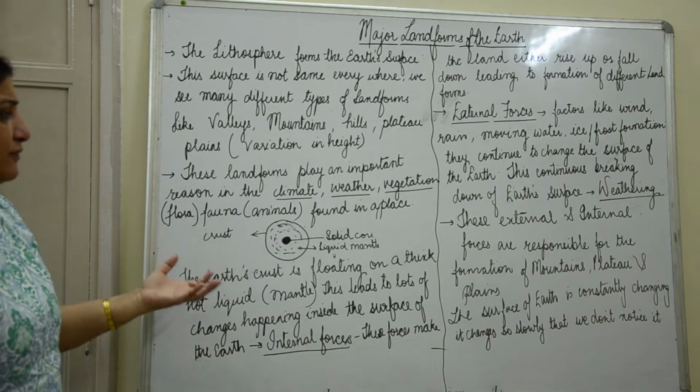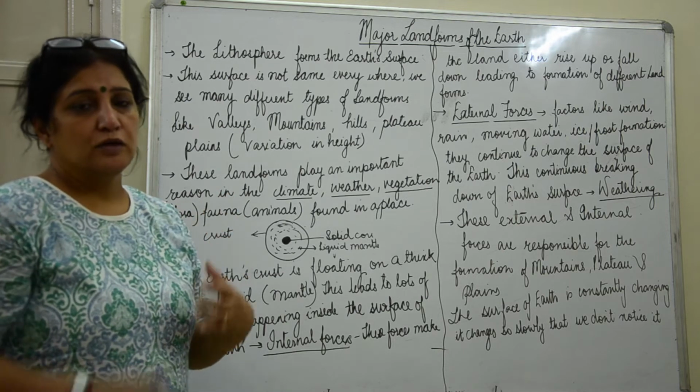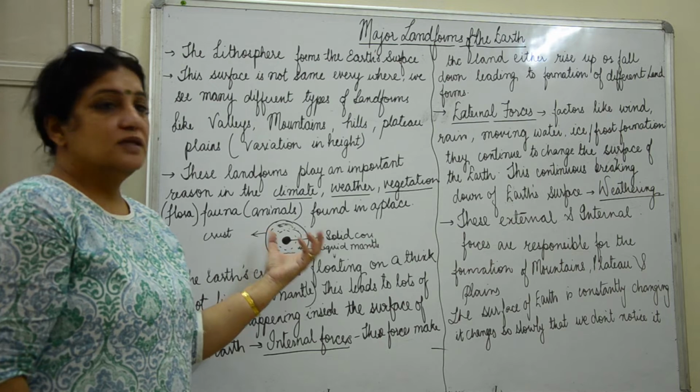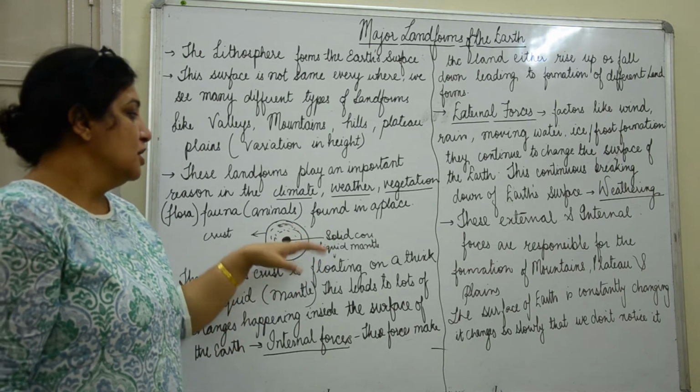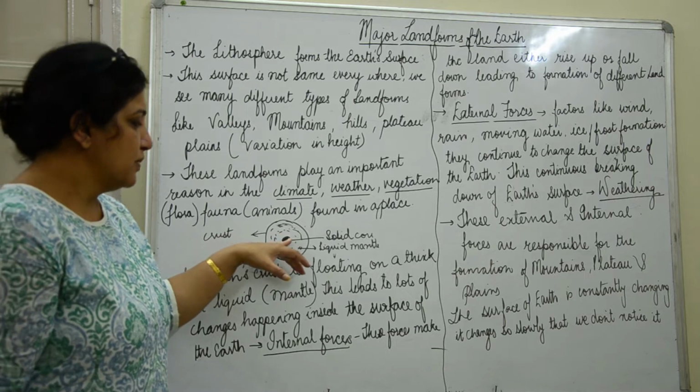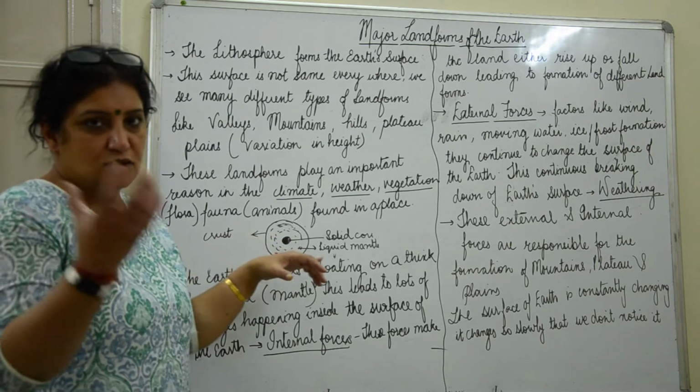Now, how are these landforms formed? If you remember, in class 5th you would have studied the internal structure of the earth. The innermost part of the earth is called the core and it is solid.